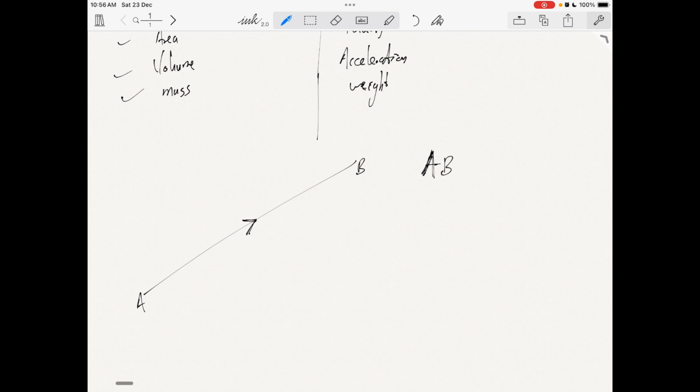But most of the time, we represent them with an arrowhead for ease of identification.